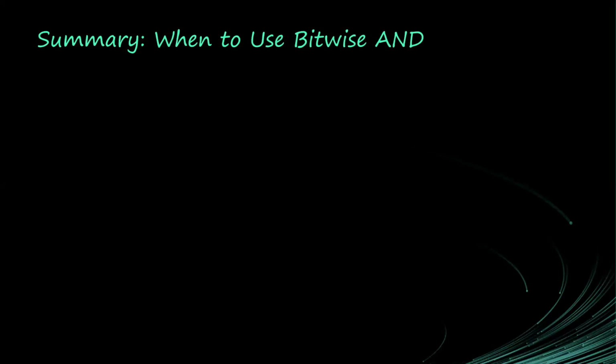So in summary, when do you use bitwise AND? When dealing with bit level operations, that's when you use bitwise AND. Most of the code I write, I don't use bitwise AND because there is no need. I'm not working with bit level operations. But in case I find myself working on a project that needs bit level operations, then I can use the bitwise operations.